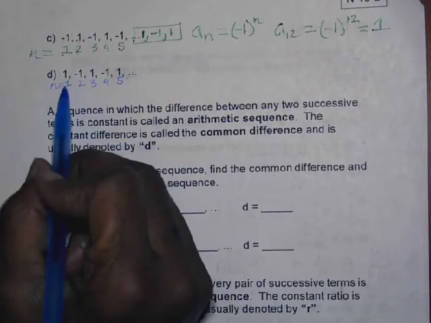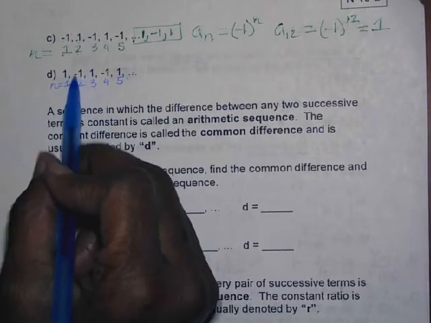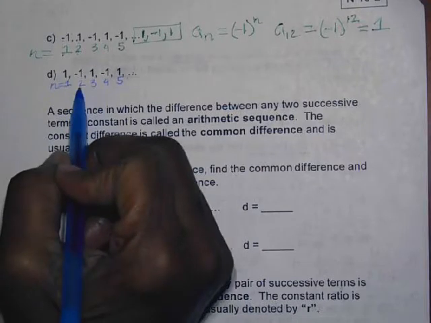One to the first power is 1. -1 squared is +1.